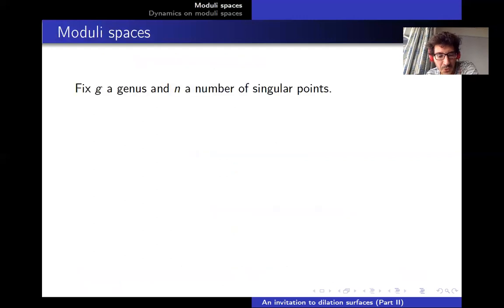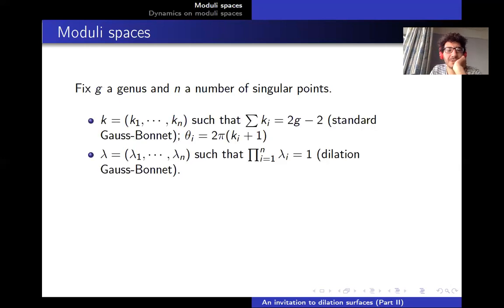So now that we know what those singular points should look like, we can define the moduli space. For a surface of fixed genus, a topological surface with a certain number of singular points, I can start by imposing a type of singularities. At each point I prescribe an angle that I can record using an integer, such that the angle satisfies this formula, and a dilation factor around this singular point.